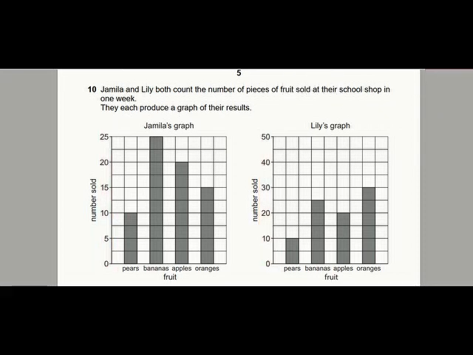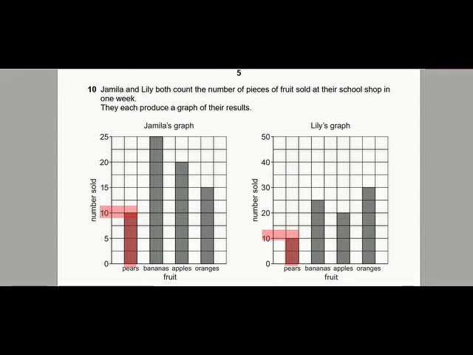Now, it says pears. Well, if you compare, the bars are different, but they are different because the bar graph is different. It says 10, and it also says 10. So they are actually the same amount of pears in this case.